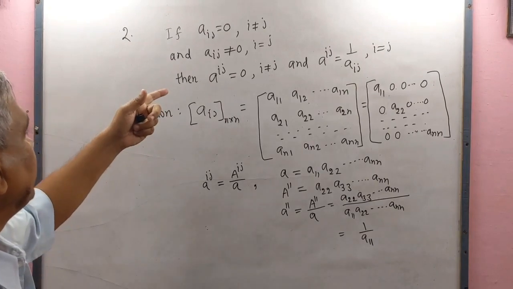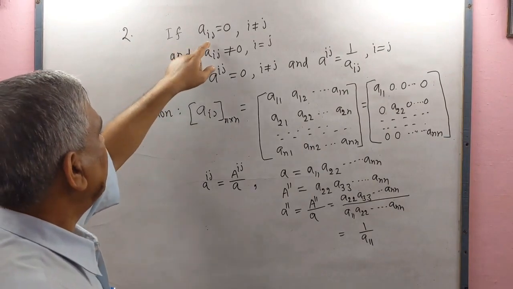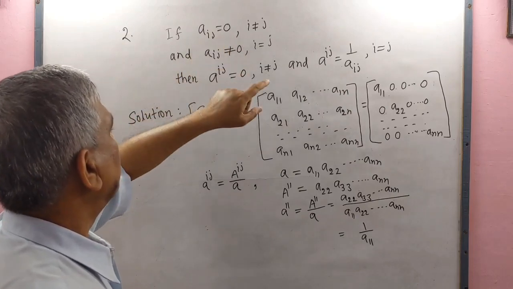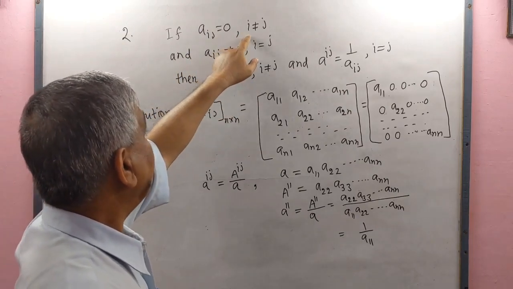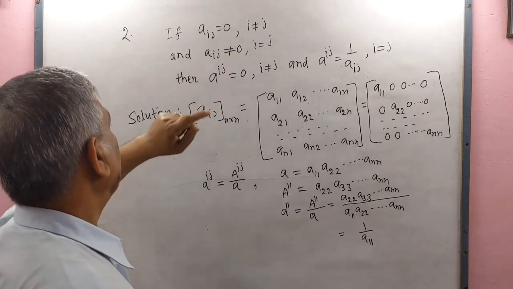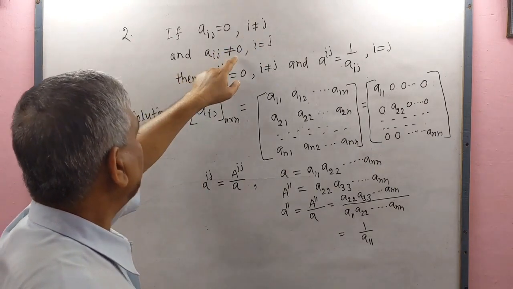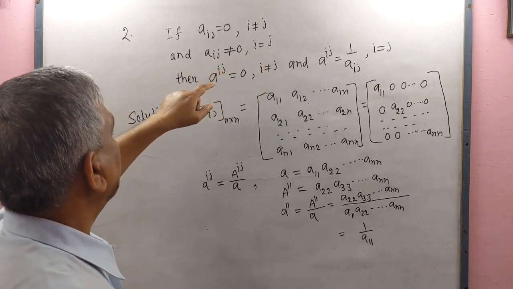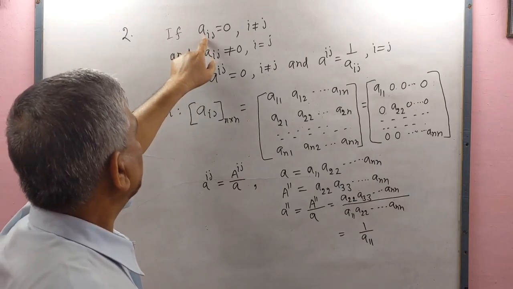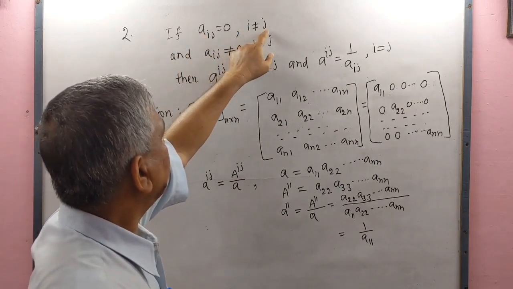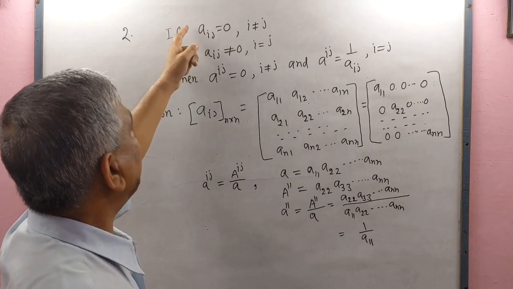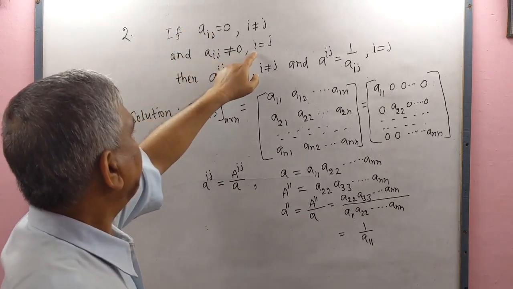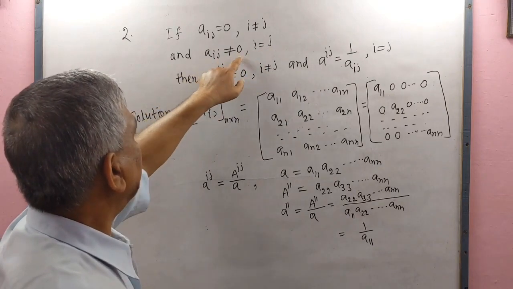Our second problem is: if A_ij, a covariant tensor, equal to 0 when i not equal to j and A_ij not equal to 0 when i equal to j, that means i not equal to j means non-diagonal elements are 0, and i equal to j means diagonal elements are not 0.